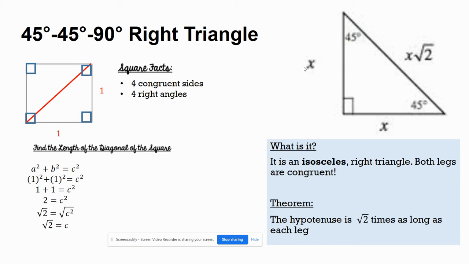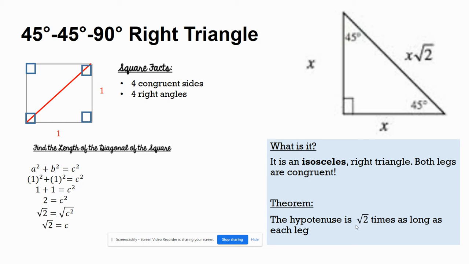For example, if the leg was 7, and the legs are congruent, so these two sides would be 7, and then the hypotenuse would be 7 times the square root of 2, which is just 7 root 2. So the theorem is the hypotenuse is the square root of 2 times as long as each leg.